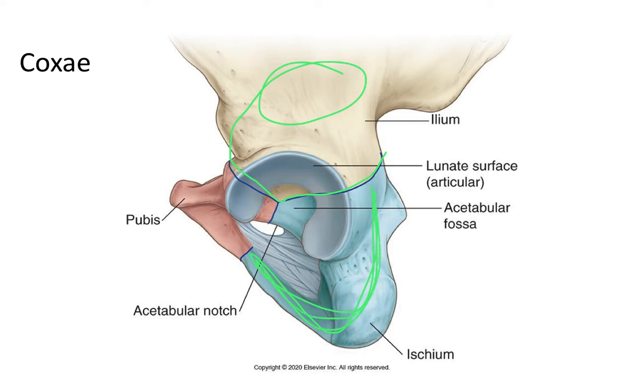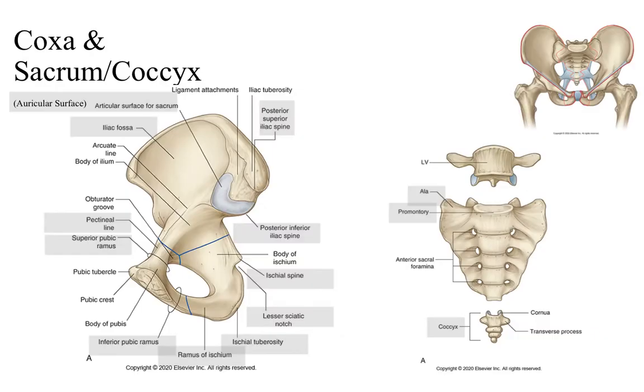So all this blue would be the ischium. And then the pubis, which would be that pointy region in the front that forms a joint with the other pubis bone from the other side to make the pubic symphysis. And of course this area right here, the lunate surface of the acetabulum or the acetabular fossa, is where the head of the femur would fit in and form a ball and socket joint.